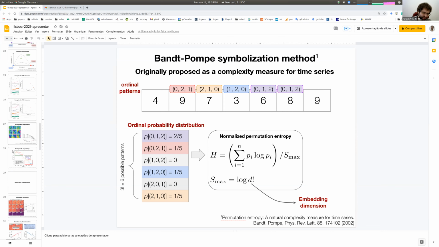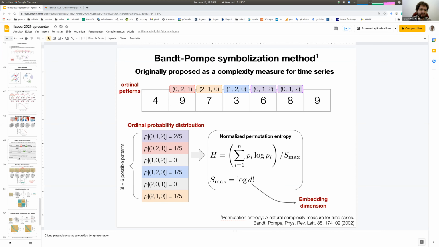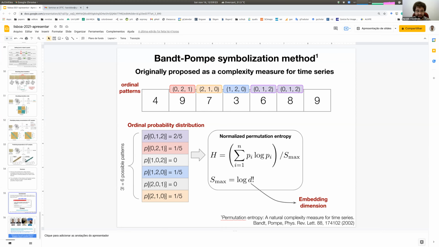That is more or less what we did with the ordinal network. Instead of calculating properties of the ordinal network, we use the structure. So we use all the edge weights of the network as features of the image. Okay, thank you.